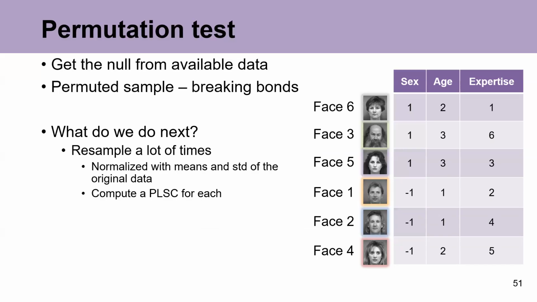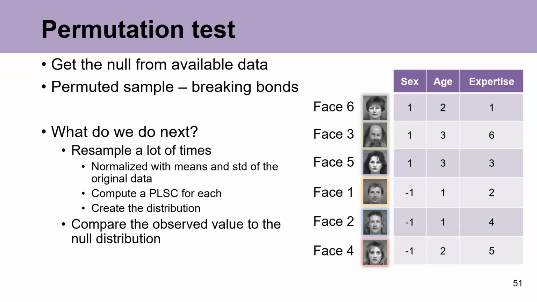After we do that, we normalize them and then we compute the PLS. When we compute the PLS, we get 1 PLS result out of each iteration. We end up with 1,000 PLS results that we can build a distribution from: distribution of our singular values, distribution of our loadings.